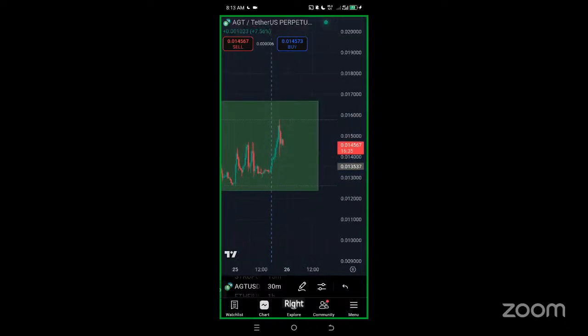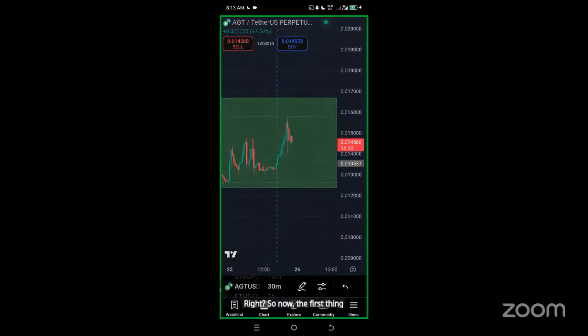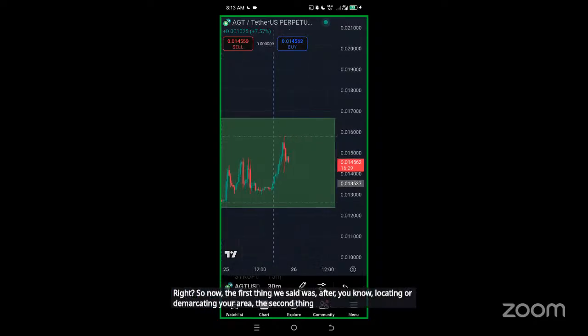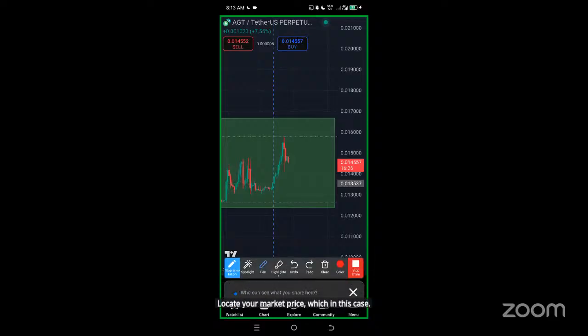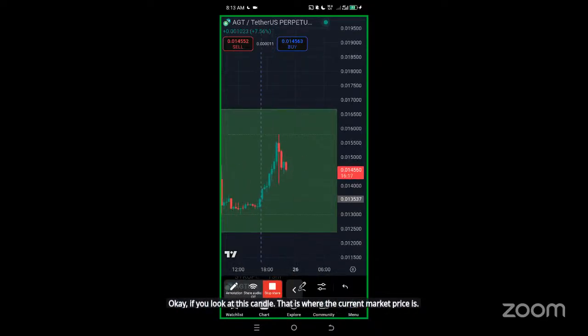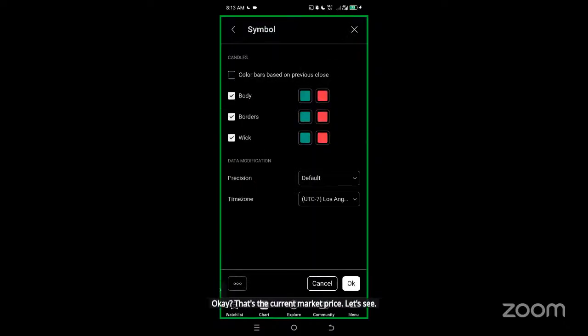Right. So now the first thing we said, after locating or demarcating your area, the second thing you have to do is locate your market price, which in this case is here. If you look at this candle, that is where the current market price is.